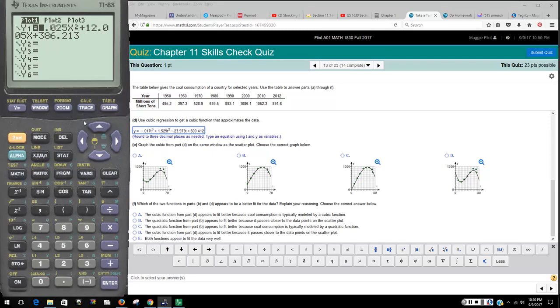And now we'll type that equation in, and we will graph.